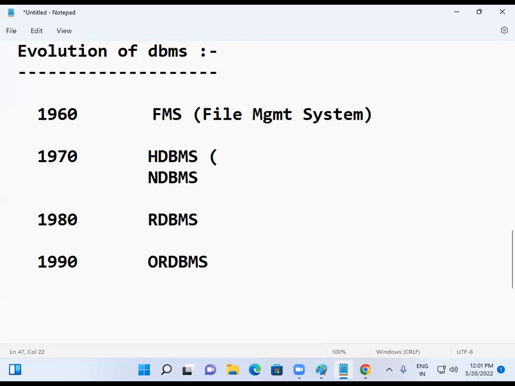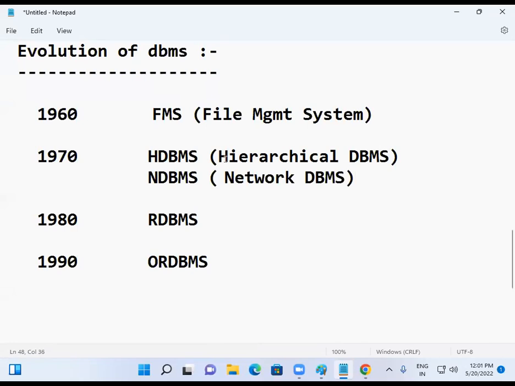What does HDBMS stand for? Hierarchical DBMS. What does NDBMS stand for? Network DBMS. What does RDBMS stand for?